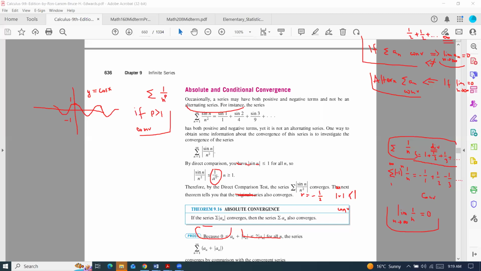So if the dominating series, the so-called comparison test, the sum of 1 over n squared, is convergent, then the smaller term series is also going to be convergent.